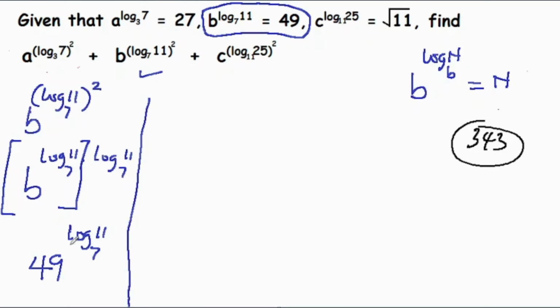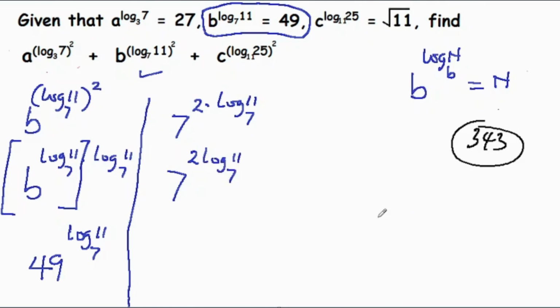So let's have our 49 in index form. 49 in index form is 7 squared. So 7 squared multiplied by log 11 base 7. Let's have it as 7 raised to power 2 log 11 base 7.